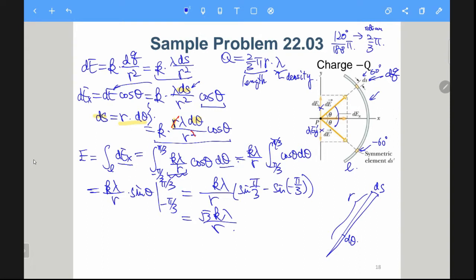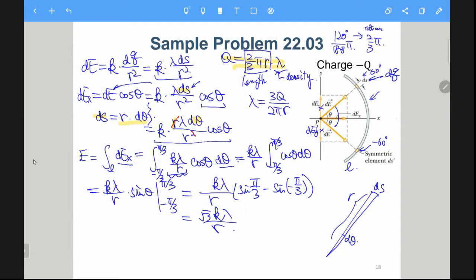Yeah, and actually we should not stop here yet, because lambda is what we assumed. So we try to eliminate it. So from this equation, we try to move this term to the left side. So we have lambda equals 3q over 2 pi r, like this, and then plug it back to here.